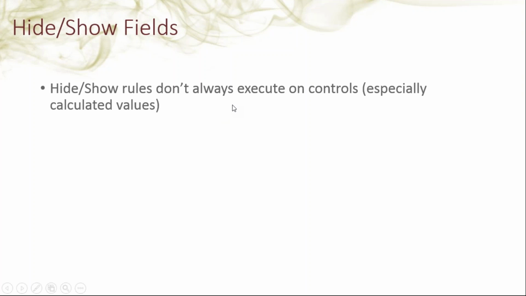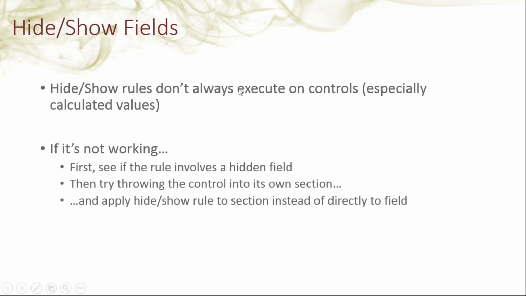However, in Formotus, hide show rules like this, where you're hiding and showing things depending on user input, don't always execute correctly if you put the rules directly on the control, that is, directly on the fields, especially calculated values. So if it's not working, first see if the rule involves a hidden field, like we mentioned in the previous section, a behind-the-scenes background field.